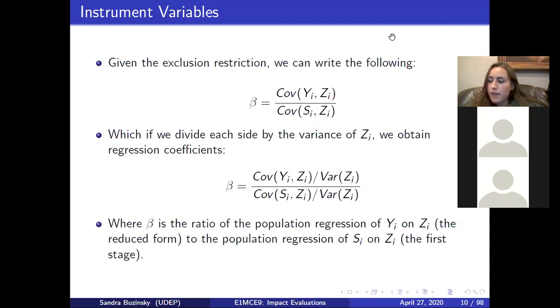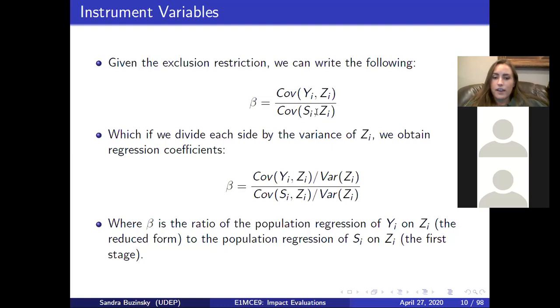Okay, so then we write beta based on the relationship between our outcome variable and our instrument, and rescale it by our independent variable and our instrument. So beta is equal to the covariance between Yi, so wage, and Zi, divided by the covariance of Si and Zi.